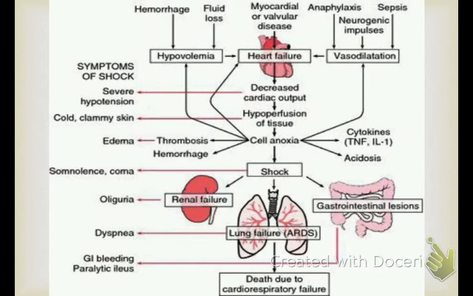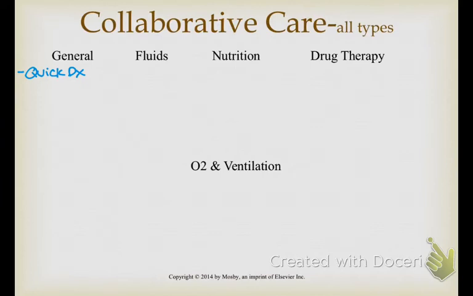And these are all your vital organs: lungs, heart, kidneys. So this is in general how we take care of these patients. There is a table, I think it's 67-7 in your book.